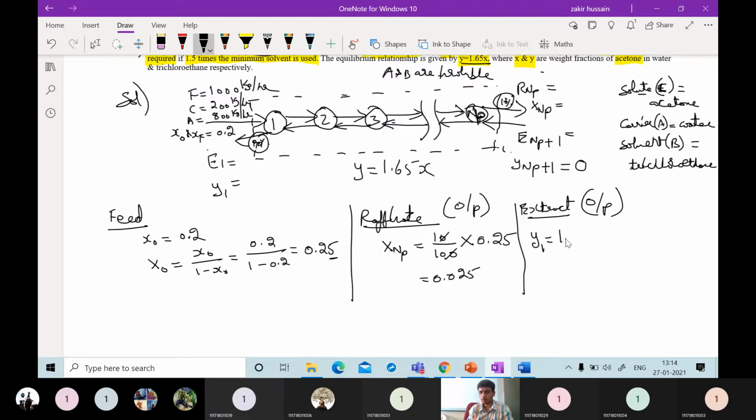Y1 is nothing but 1.65 into x naught, from the relationship Y is equal to 1.65 X. So y is in equilibrium with x, and y1 will be in equilibrium with x naught. So y1 is equal to 1.65 into x naught, which is 0.25. So 1.65 into 0.25, how much is it?